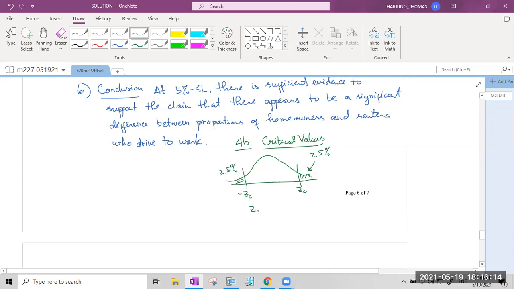So Z critical is plus minus inverse norm of 0.97501, which will give us plus minus 1.95996. That's the critical values.